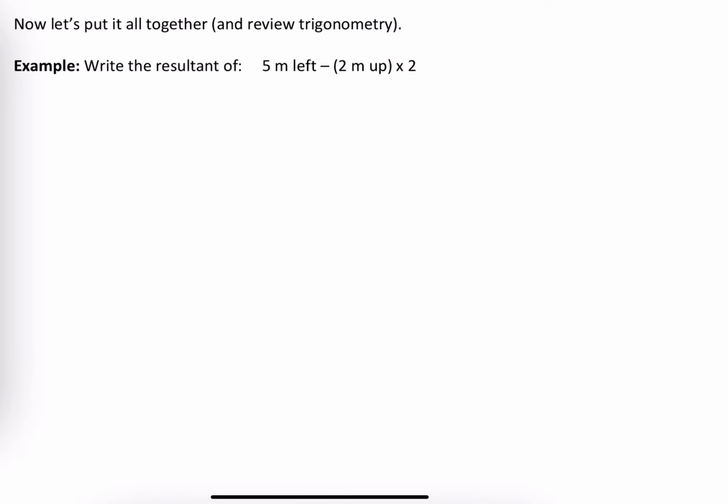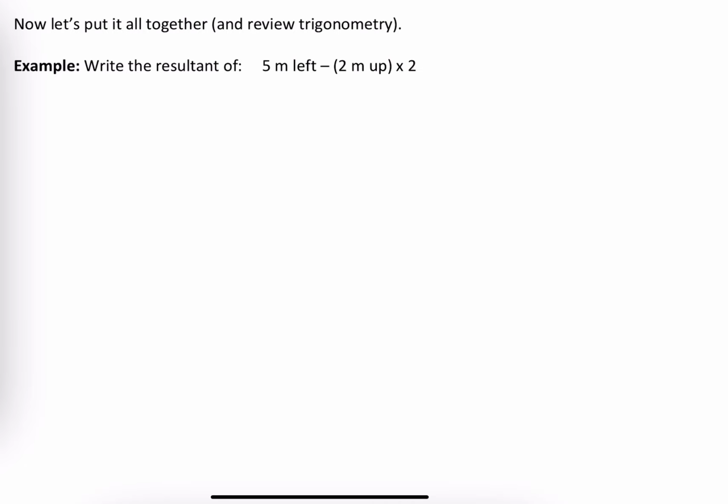So, 5 meters left minus 2 meters up times 2. So in this problem, we got to do some BEDMAS here, some order of operations. I've got some subtraction I have to do and some multiplication I have to do. Order of operations tell me I should do that multiplication first.